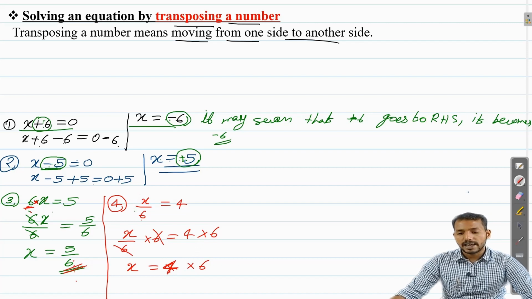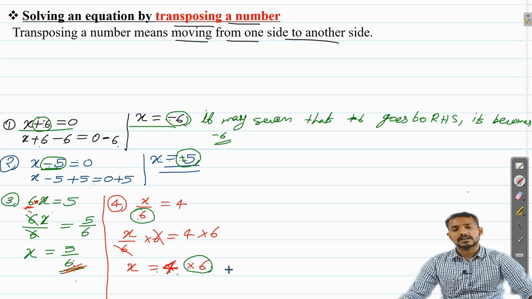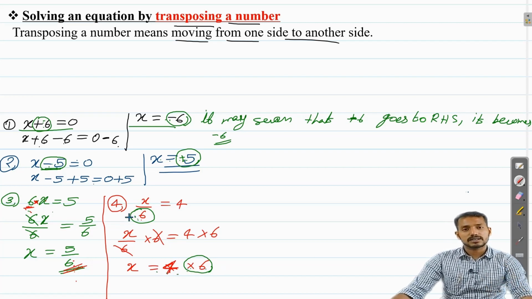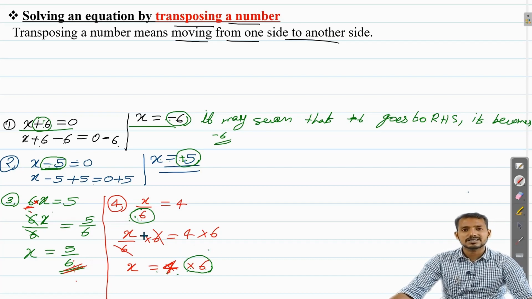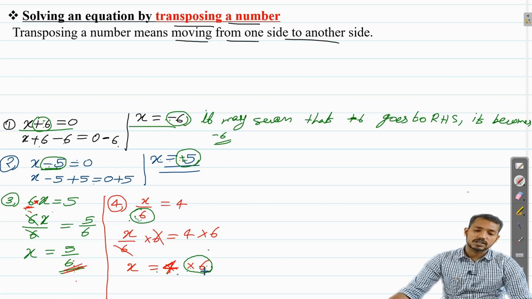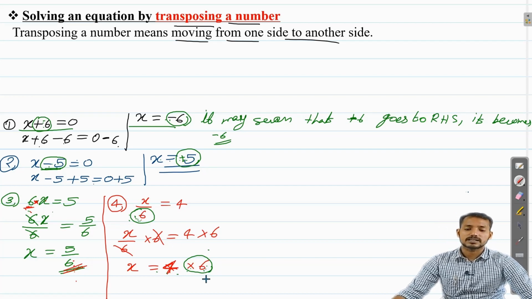So here see, x divided by 6: it seems that the 6 was on the denominator of the LHS, but when it comes to the RHS, it is on the numerator, or it is multiplied on the RHS. Actually, we did not take this 6 from the LHS to the RHS, but it seems like that. We have done the same operation that we discussed in the first method. So it may seem that division by 6 is changed into multiplication by 6 when it is moving from the left side to the right side.